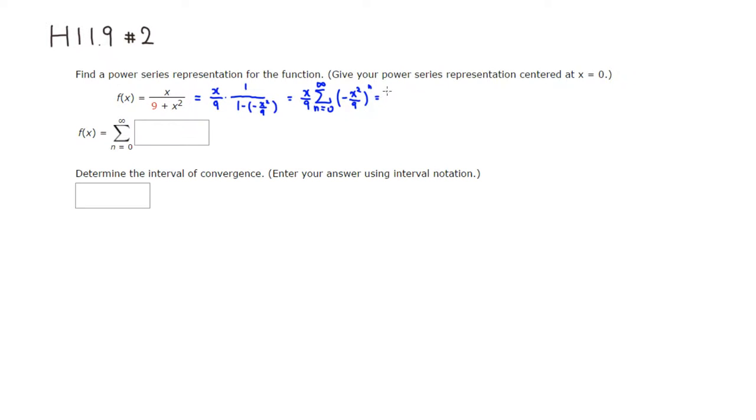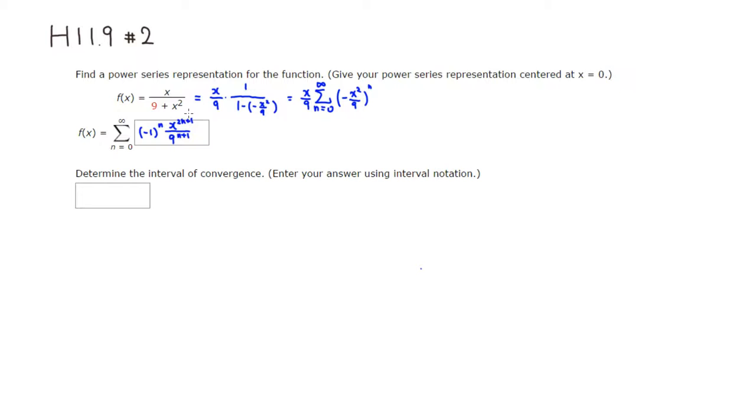You have the summation from 0 to infinity of negative 1 to the n, then x to the 2n, and another x, so x to the 2n plus 1, over 9 to the n, and another 9, so 9 to the n plus 1.